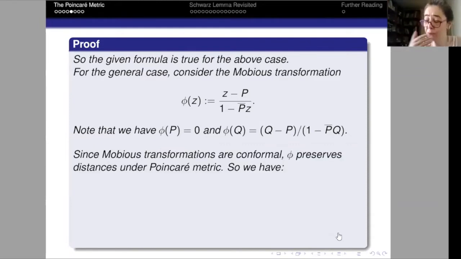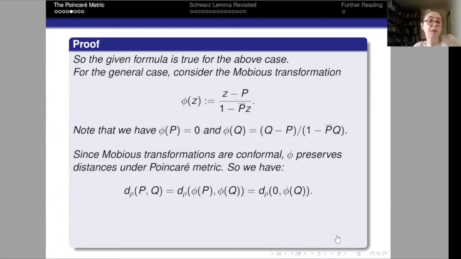Now, Möbius transformations are conformal, so phi preserves distances under the Poincaré metric. So we have d(P,Q) to be equal to the distance of the image of P under this Möbius transformation to the image of Q under this Möbius transformation.